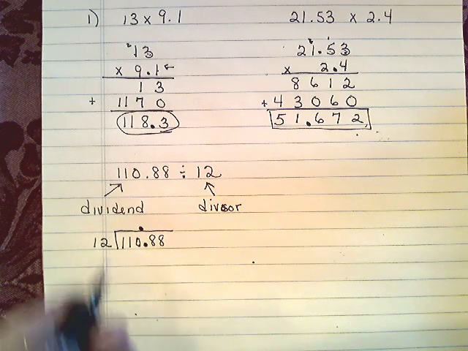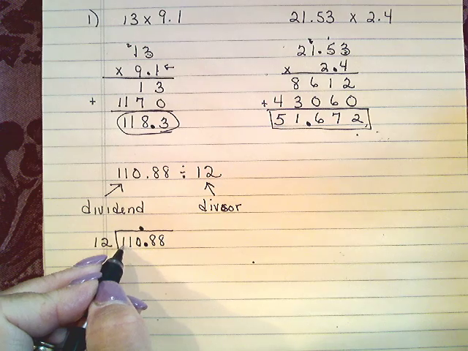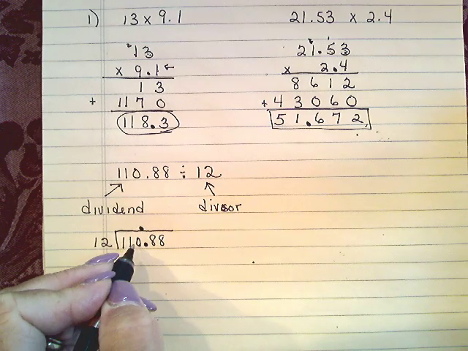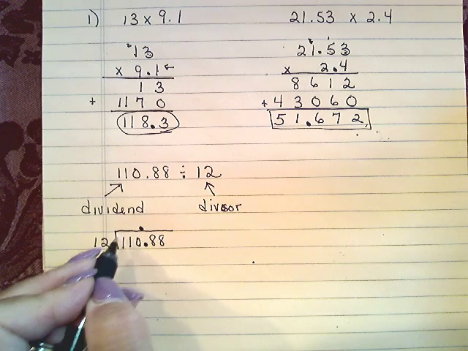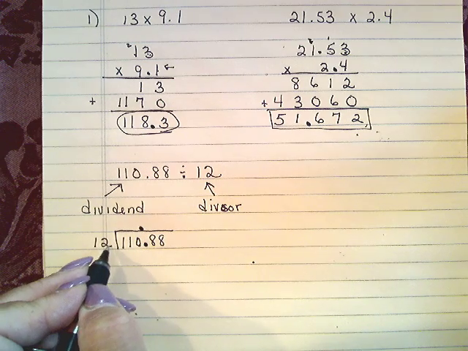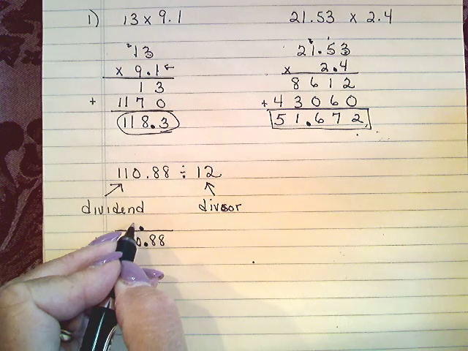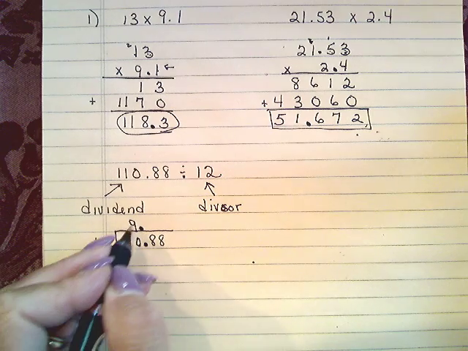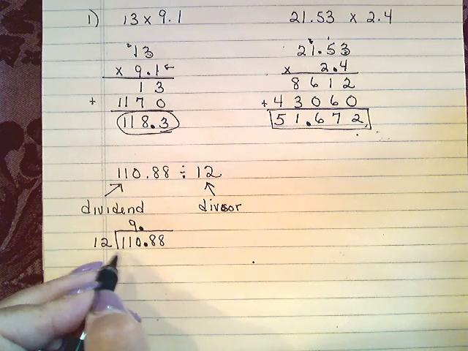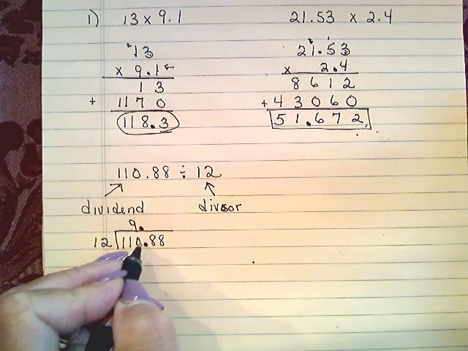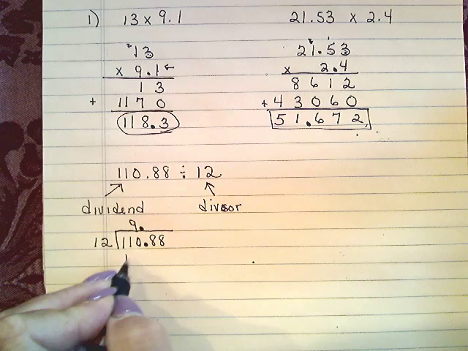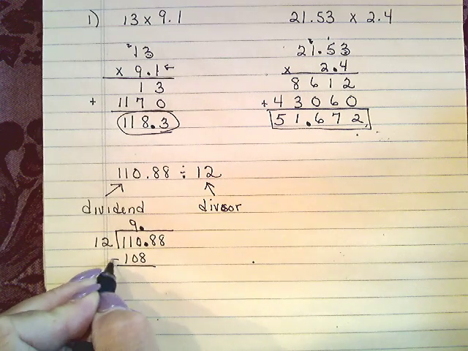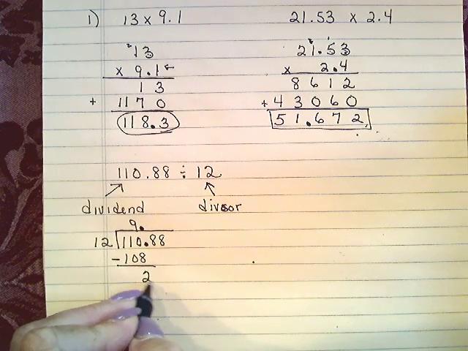All right. 12 does not go into 1. 12 does not go into 11. So the first decimal place is going to be over that 0. So 12 would go into 110 9 times. Now remember, it's got to be right over that 0. 3 decimal places, 1, 2, 3. 12 times 9 is 108. Subtract, and we're going to get 2.